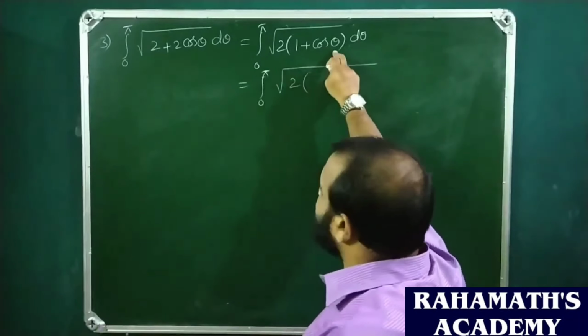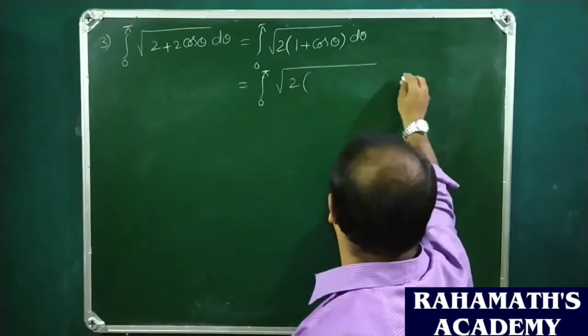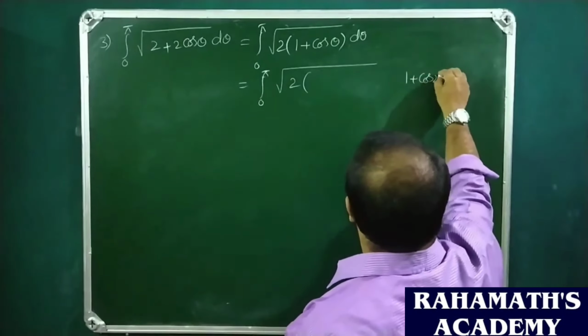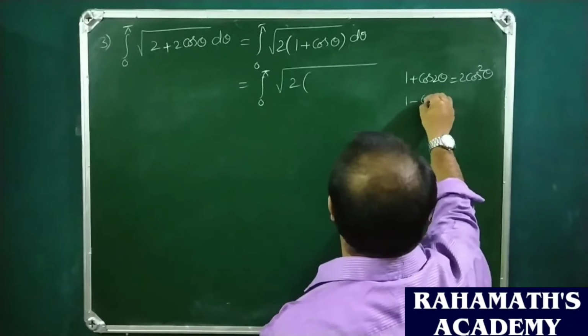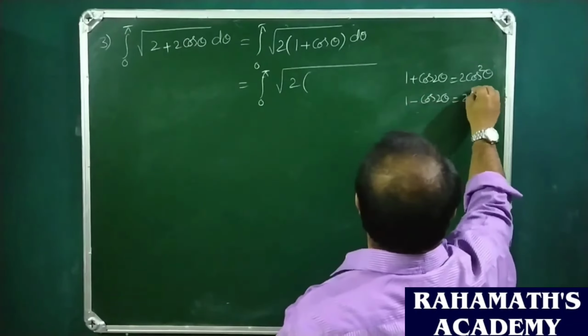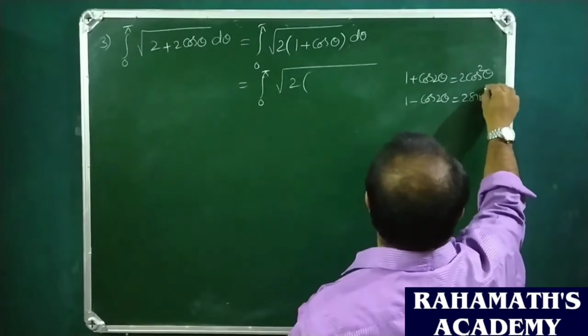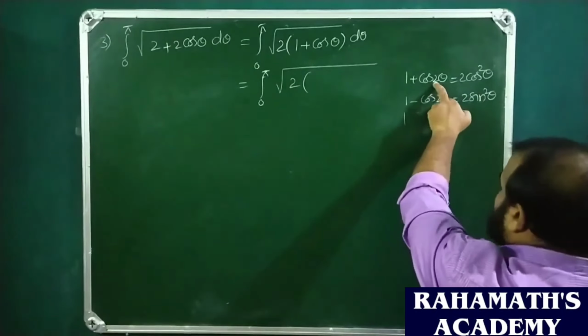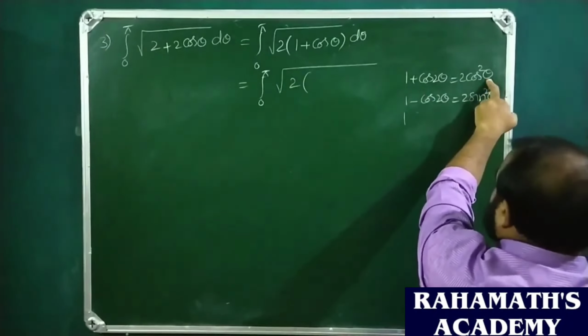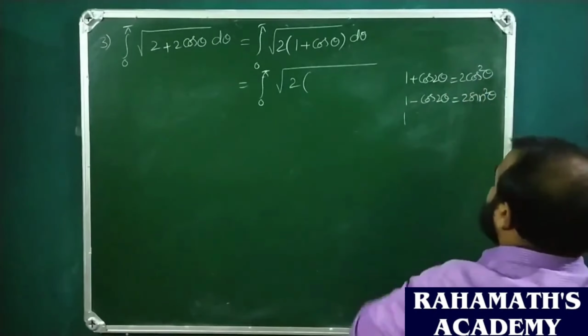What is 1 plus cos 2 theta? 1 plus cos 2 theta is 2 cos square theta. 1 minus cos 2 theta is 2 sin square theta. So here, 2 theta by 2 is theta.